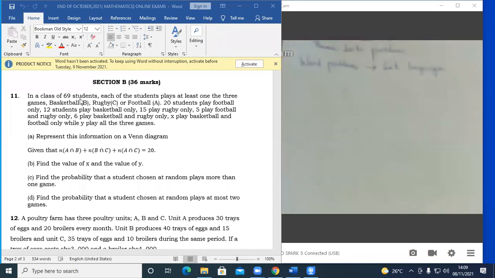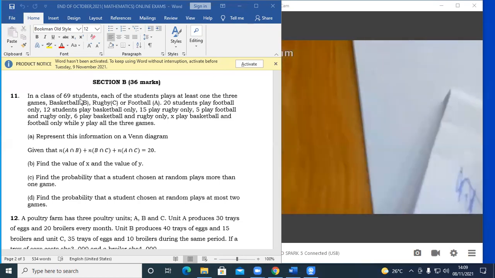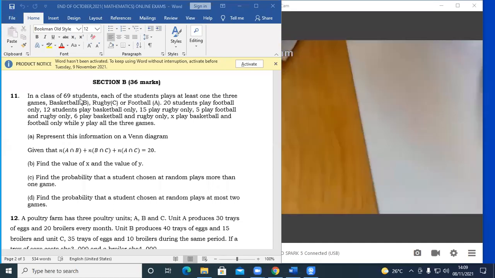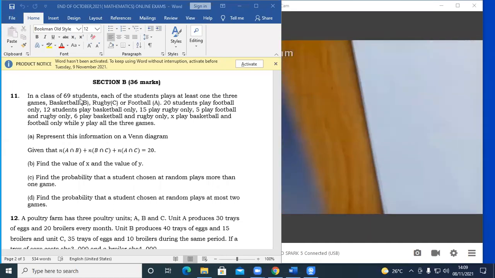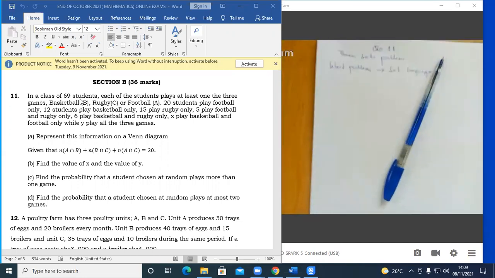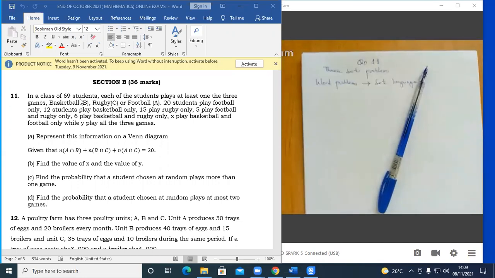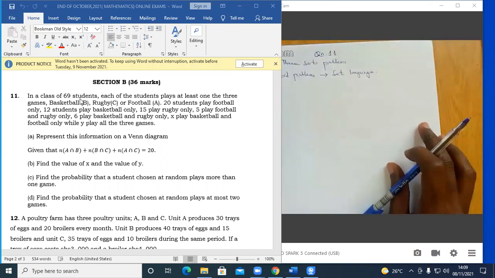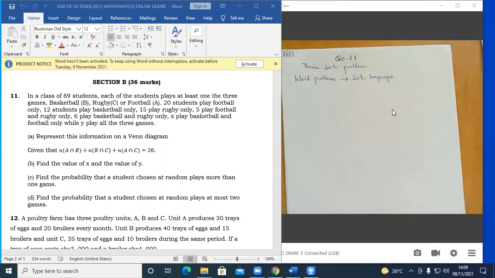Now we are changing them to set language. That is going to give us the universal.